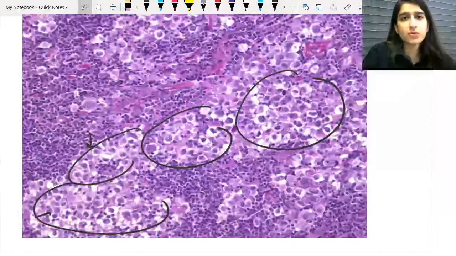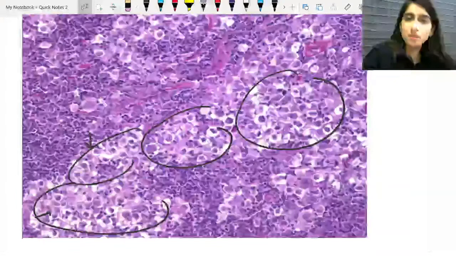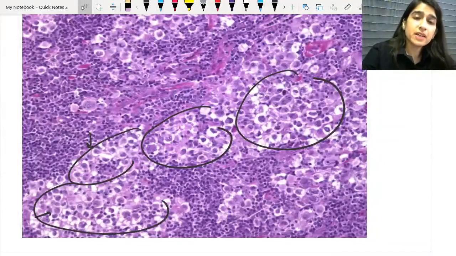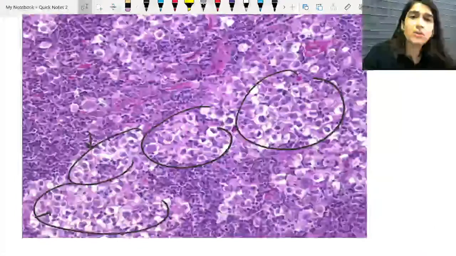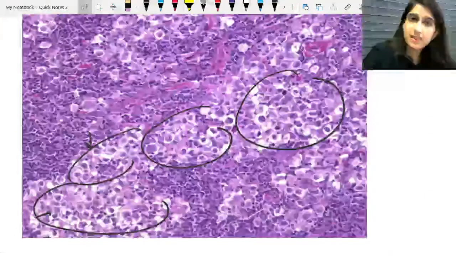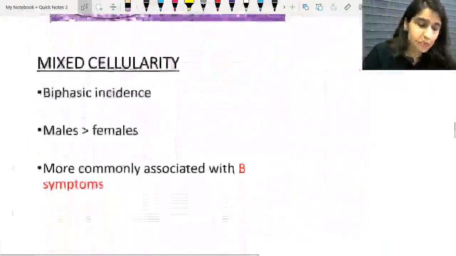Question can be asked this way or that way, right? I told you lacunar RS cells are found in nodular sclerosis. Nodular sclerosis is a subtype of classical Hodgkin's lymphoma. And in the beginning I told you that classical Hodgkin lymphoma is positive for CD15 and CD30. So what will be the answer? Lacunar RS cells will be positive for CD15 and CD30, right? Okay, so this was about nodular sclerosis.